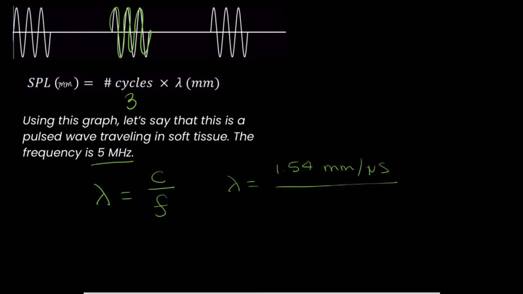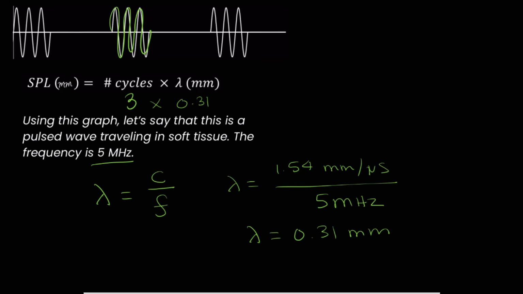And in our example, we're told that it's 5 megahertz. If we do the math, 1.54 divided by 5, we see that wavelength is going to be equal to 0.31 millimeters.